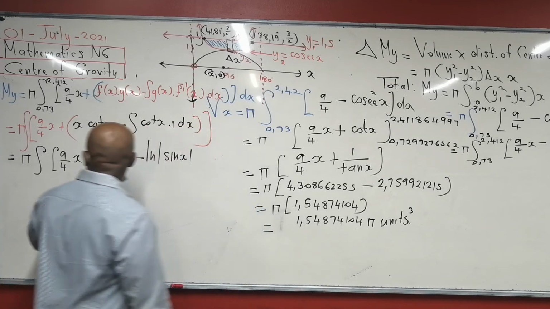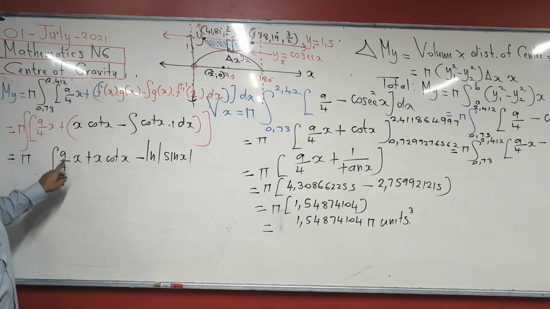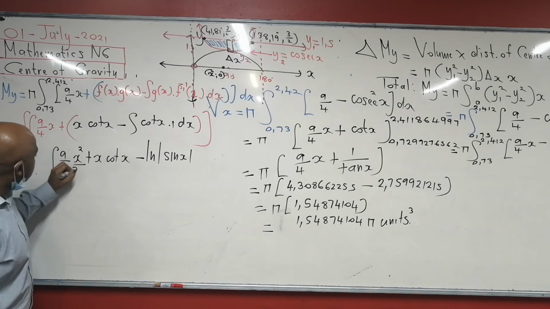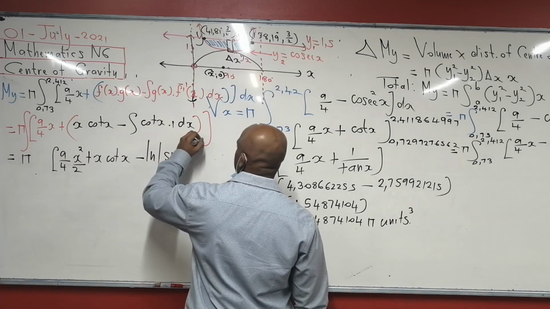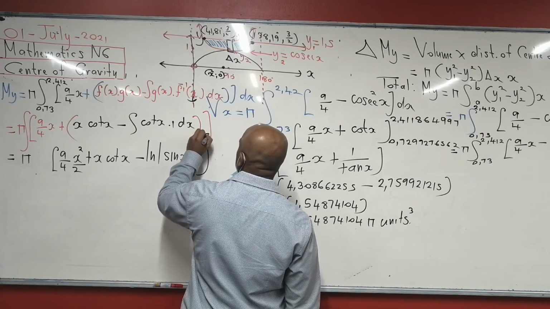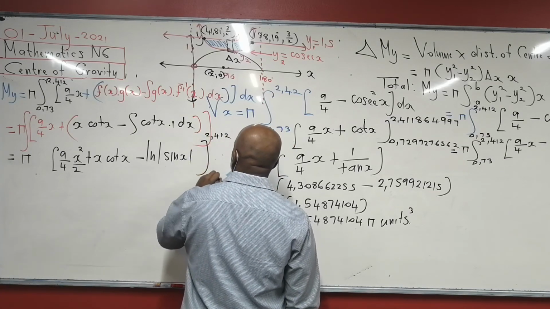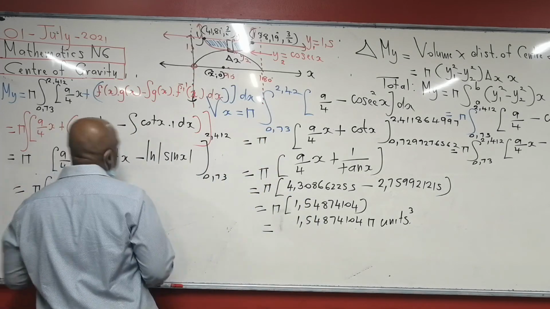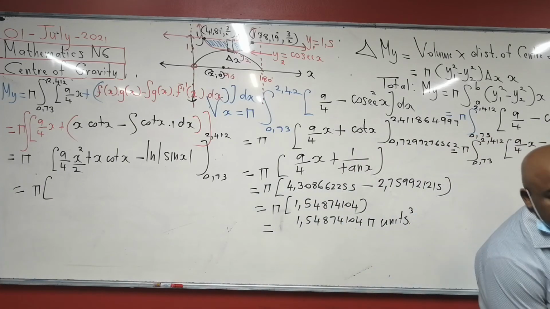So let me integrate this part one time too. Remember this integral of 9 over 4 x, that's going to be 9 over 4 times x squared over 2. So everything has been integrated. Substituting my 2.412 and 0.73. And substitute and see what happens.